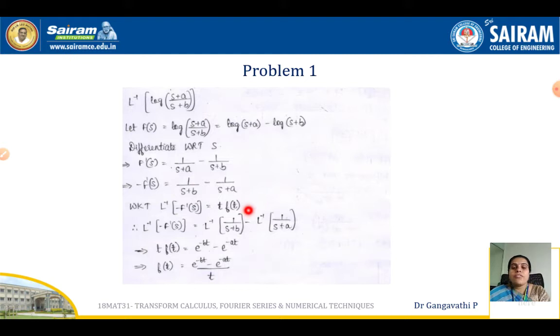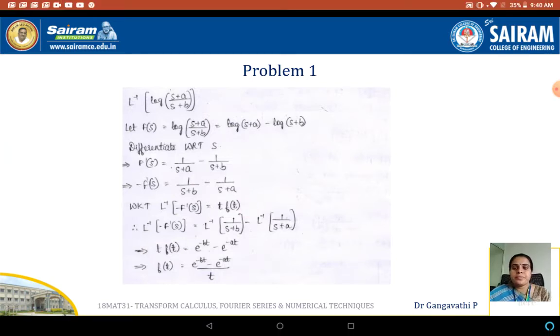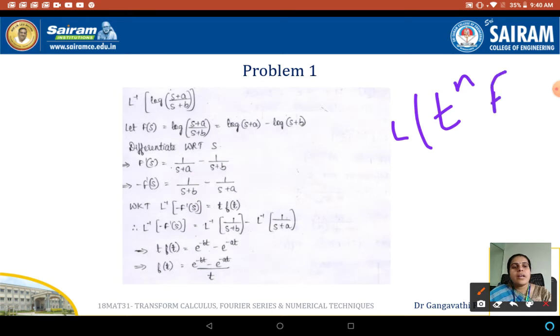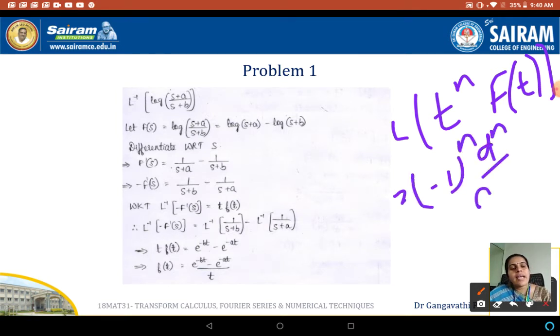Try to recall the formula for the Laplace transform of t to the power of n into f of t. This was equal to minus 1 to the power of n, d^n by ds^n of F of s.